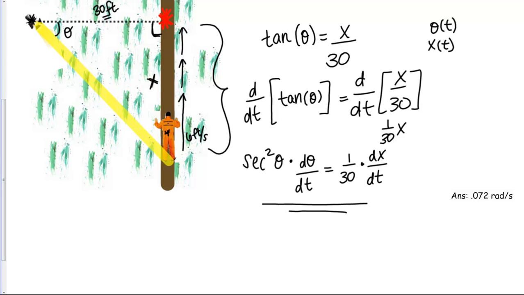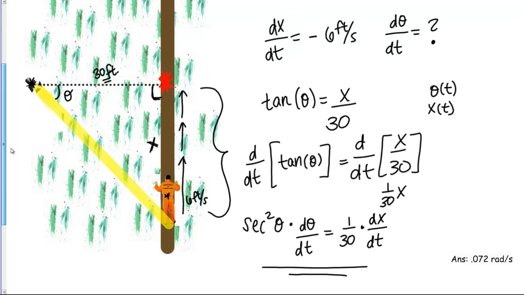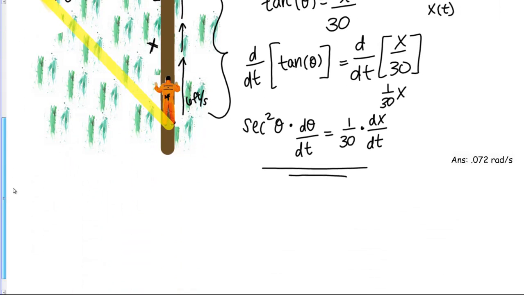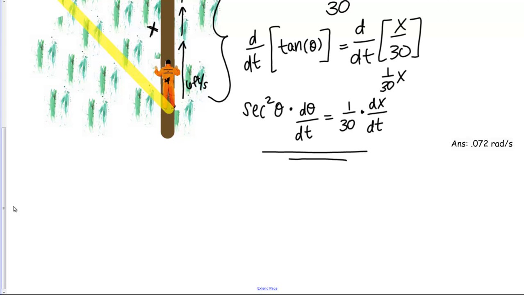So what should we do next? At this point, we can plug in any rates that we know from the problem. If I scroll up a little bit, remember that we said previously that dx/dt was negative 6 feet per second. That's always true. He's always walking at that speed of 6 feet per second towards the red star. So I can plug dx/dt into this equation.